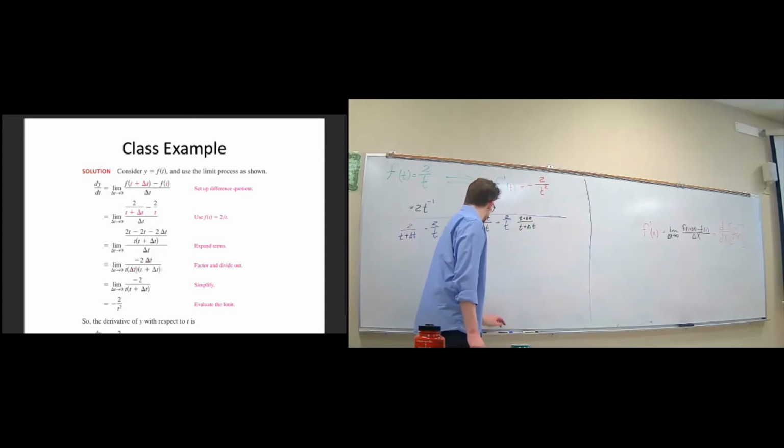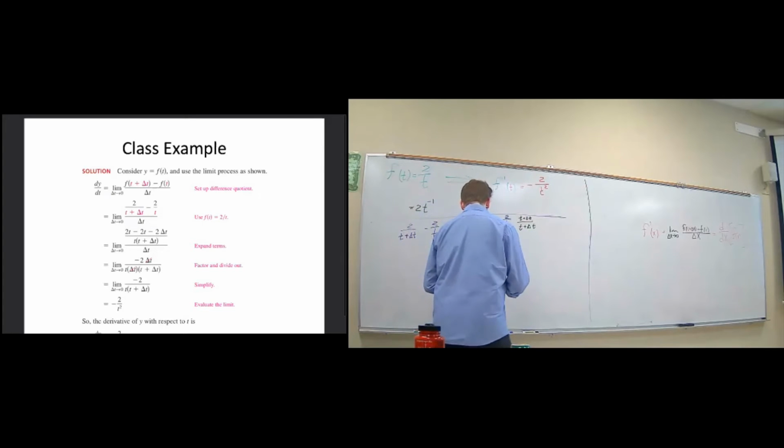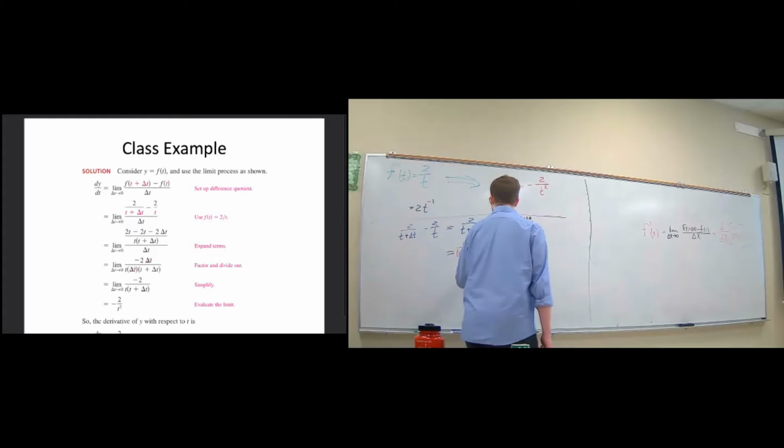But when we do that, what we end up getting is going to be 2t divided by t plus delta t, that quantity times t, right? Minus 2 times t plus delta t divided by t times the quantity t plus delta t.